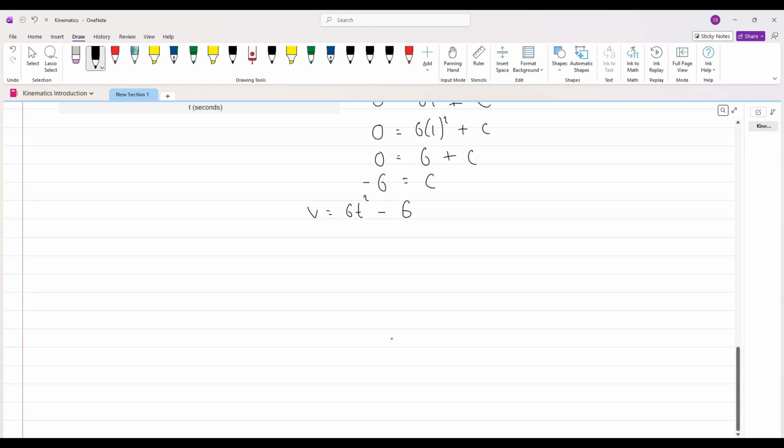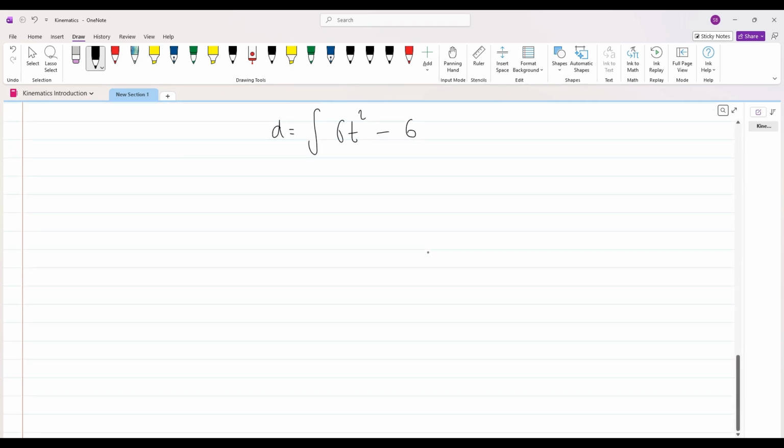So we have our equation for the velocity. What if we wanted to find the distance travelled? Well, again, we'd use integration. So the distance travelled would be nothing but d equals the integral of 6t squared minus 6, which equals 6t cubed over 3 minus 6t plus our constant of integration.